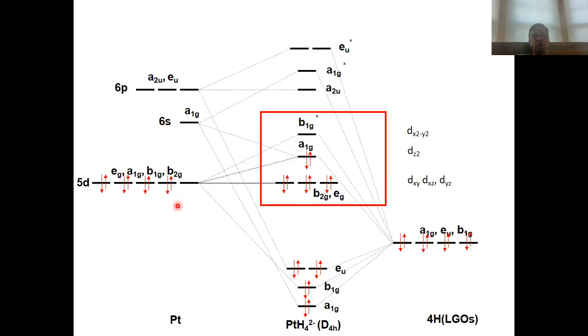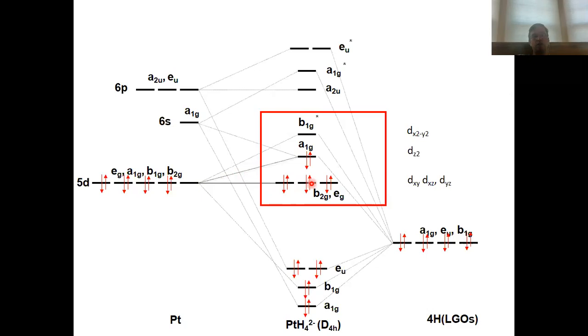Okay, next you can go, for instance, to B2g symmetry. You see that this 5d orbital has B2g symmetry. You see now there's no ligand group orbital that has B2g symmetry, and that means that this 5d orbital remains non-bonding, and you write it with the same energy into the molecular orbital diagram.